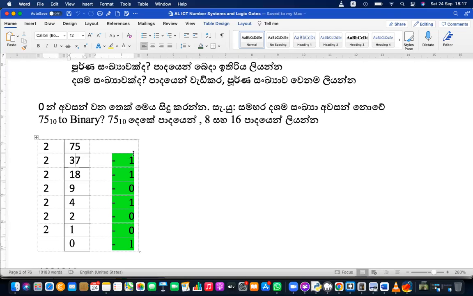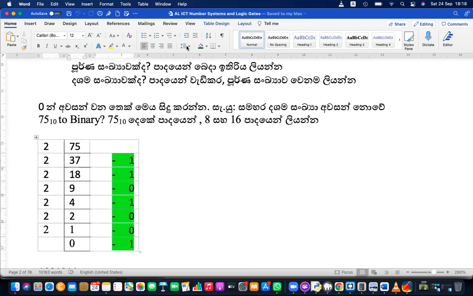37 divided by 2 is 18, remainder 1. 18 divided by 2 is 9, remainder 0. 9 divided by 2 is 4, remainder 1. 4 divided by 2 is 2, remainder 1. 2 divided by 2 is 1, remainder 1. And 1 divided by 2 is 0, remainder 1. Then you have to take from bottom to top.